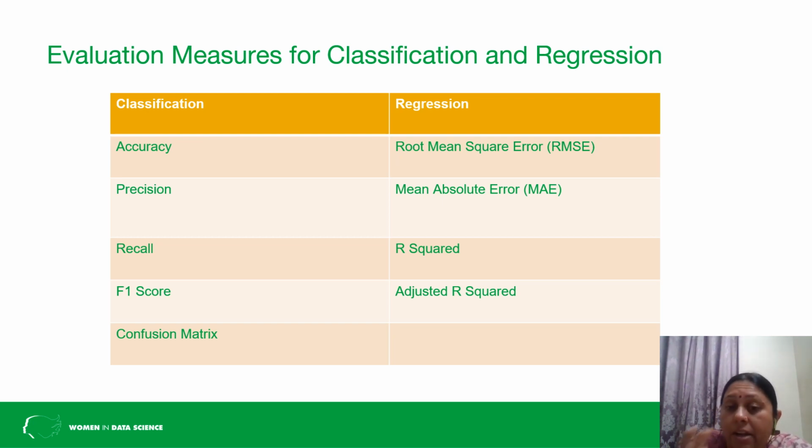So if I look at what the error is, it is nothing but the difference that is there. So here we are looking at the difference or the variance from your actual to what is predicted. So the metrics that are used for the same include root mean square error, mean absolute error, R square error, and adjusted R square values.